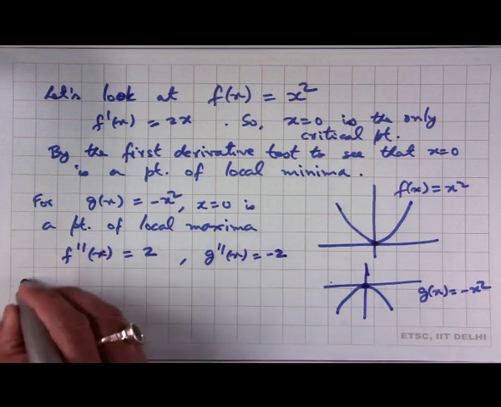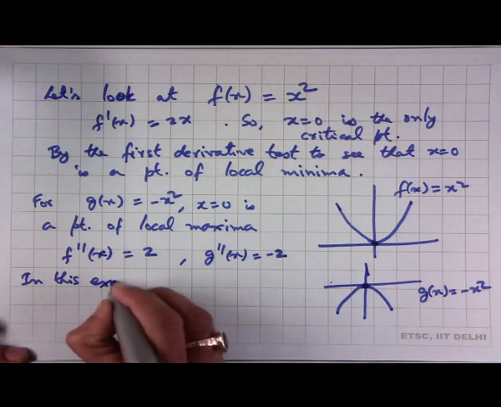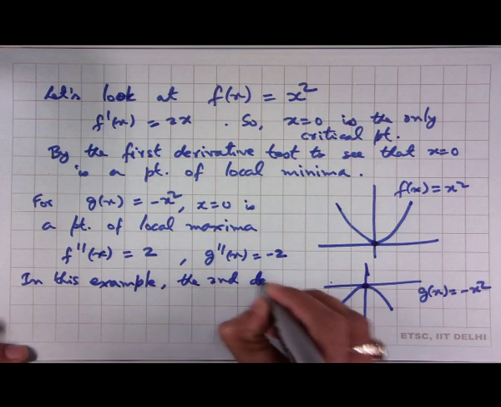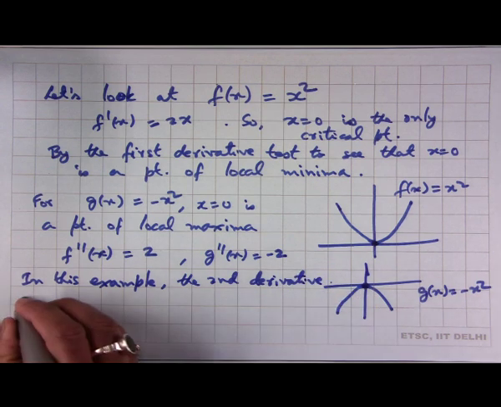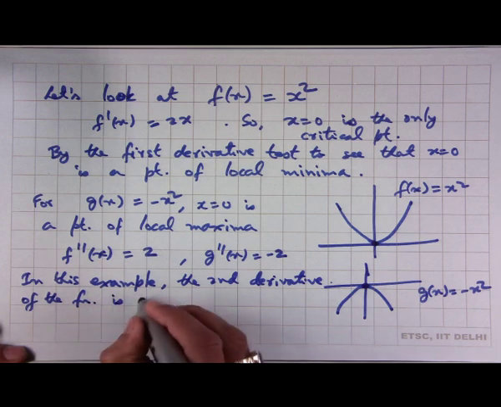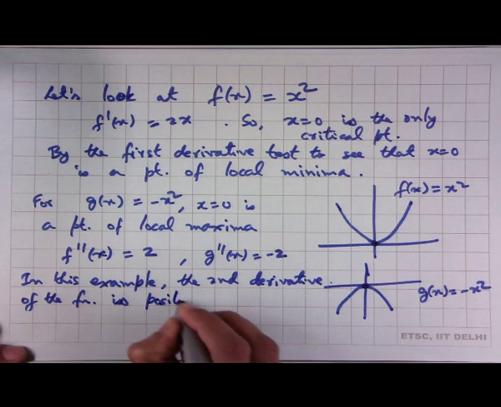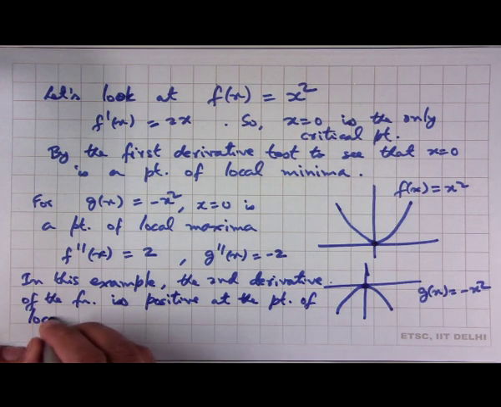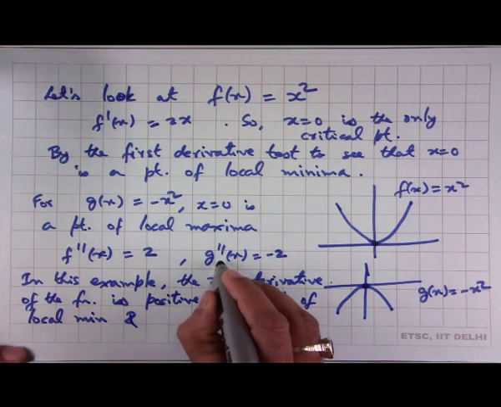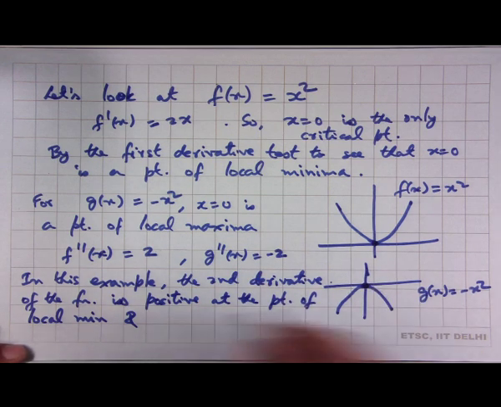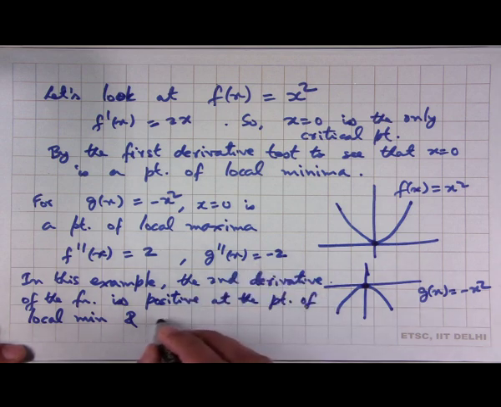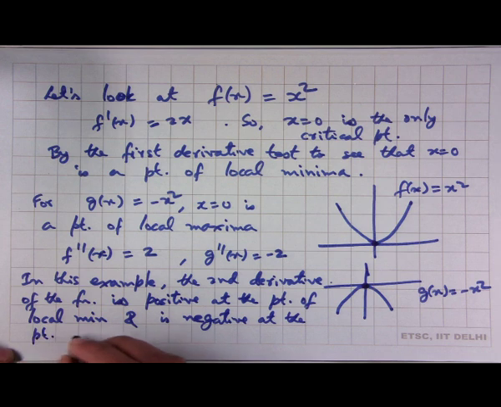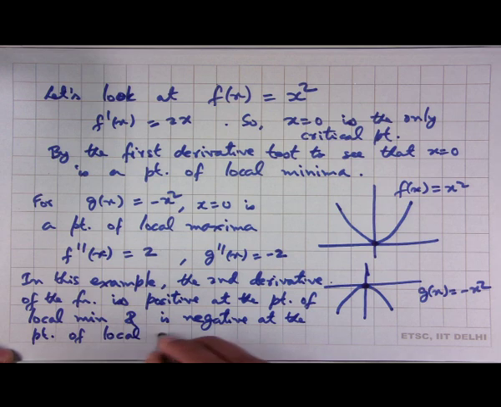So, what we see is that, in this example, the second derivative of the function is positive at the point of local minima, and for g of x, which has local maxima at 0, the second derivative is negative at the point of local maxima.